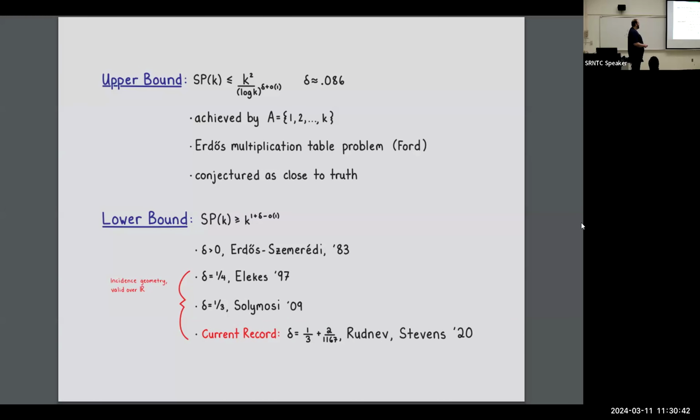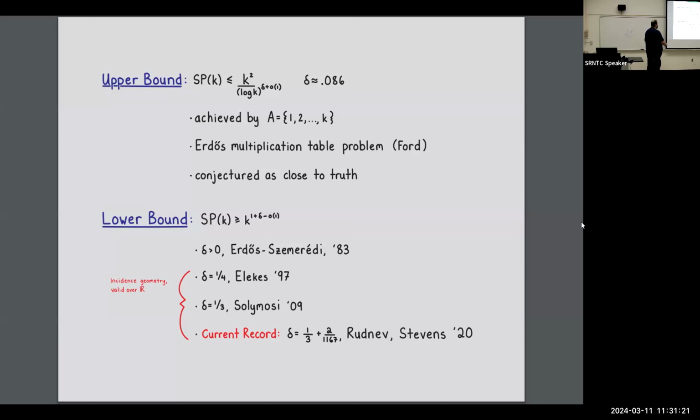They're really short and they're really magical, because what Elekes and Solymosi were both able to do is cast this problem from sort of additive combinatorics into incidence geometry, where the product of the size of the sum set and the size of the product set can be thought of as the number of incidences between points and lines in the plane. And it's really remarkable how easily they get these results on something that people have thought about for a long time. But there hasn't been much movement since then.